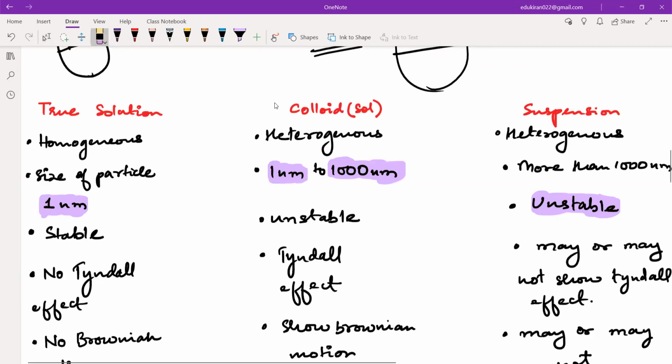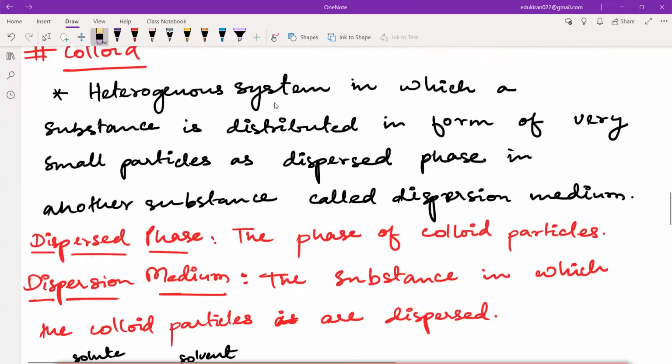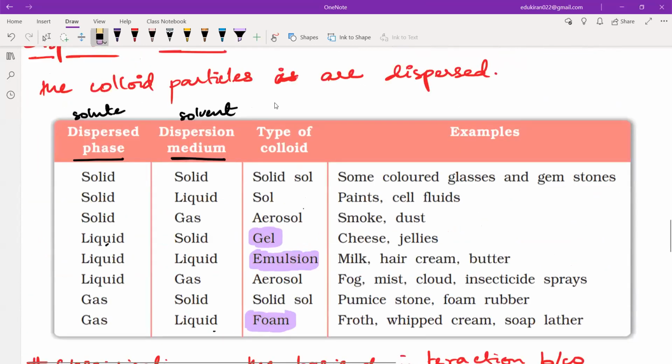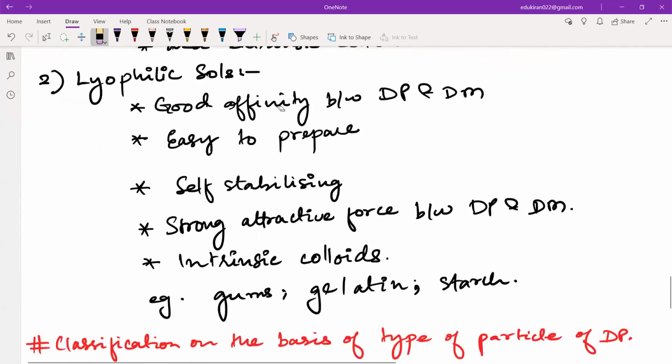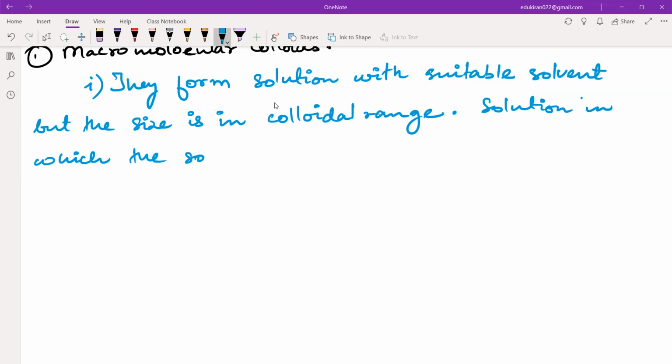So solutions in which the solute particles are in the colloidal range are known as macromolecular colloids.